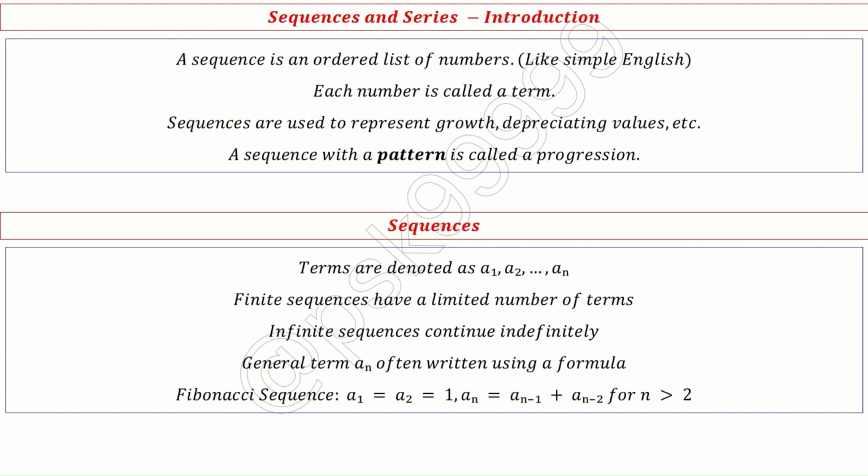Suppose you take the Fibonacci sequence: A1 and A2, the first two terms, are 1, and then AN, the general term, is defined as the sum of the previous two terms, that is AN minus 1 and AN minus 2. This is how we define the nth term using a general formula.